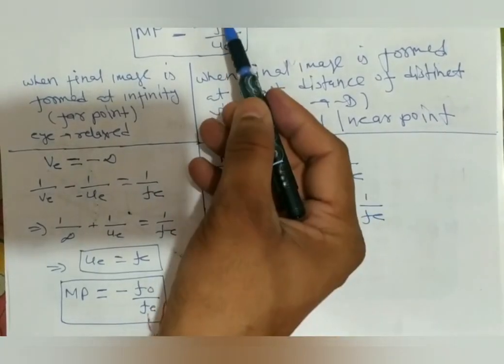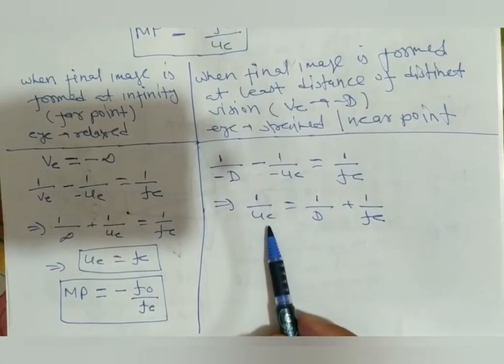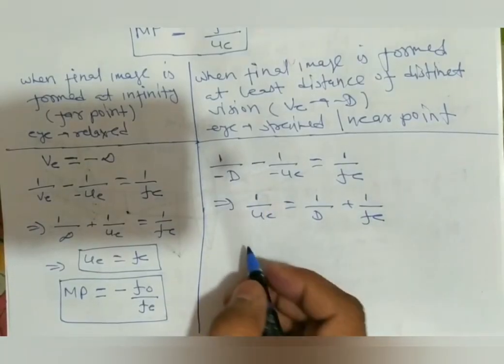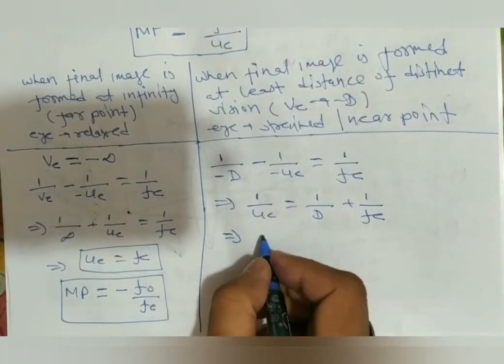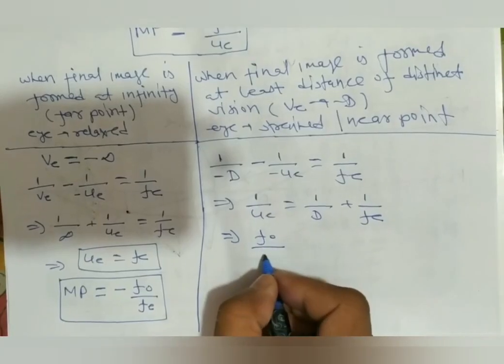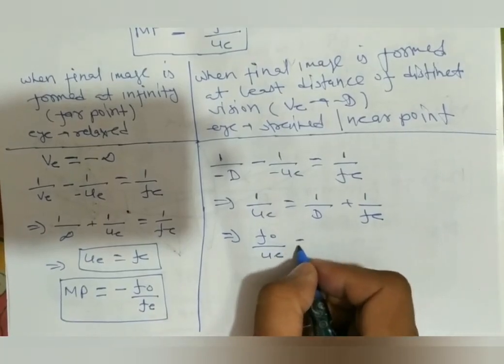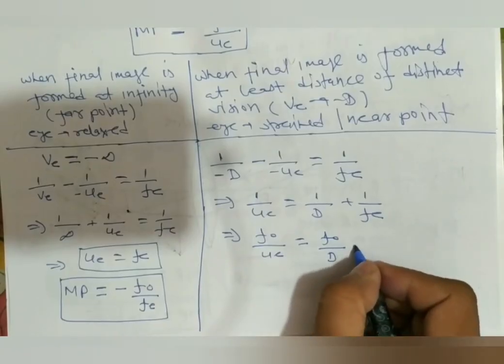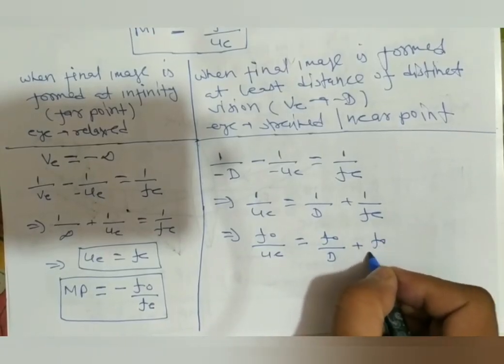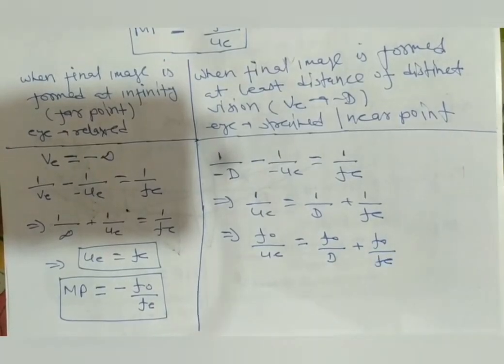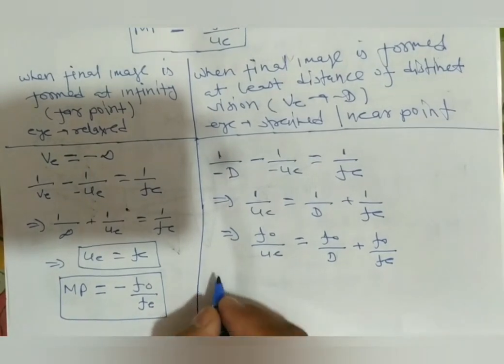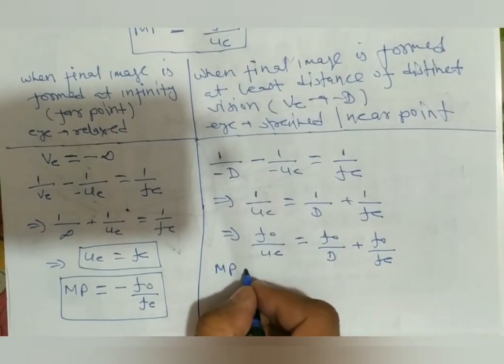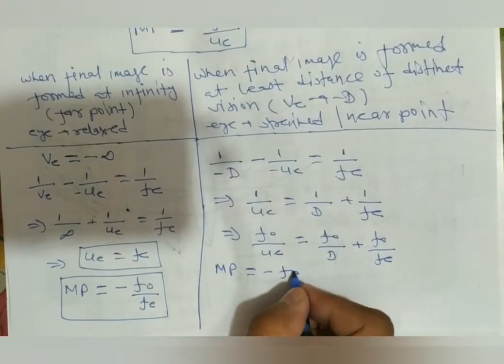Magnifying power is f naught upon UE. If I multiply f naught on both sides, f naught upon UE becomes f naught upon D plus f naught upon FE.